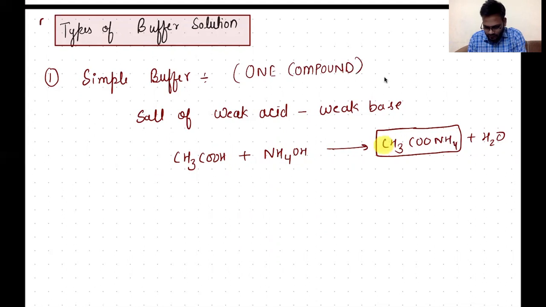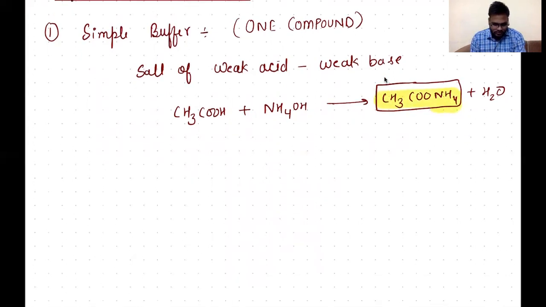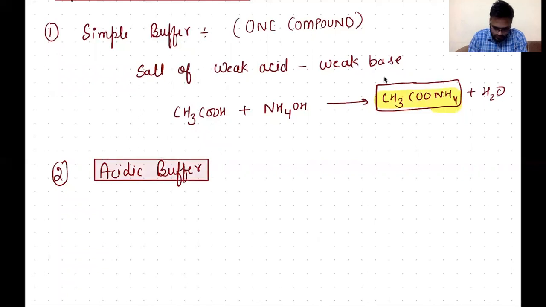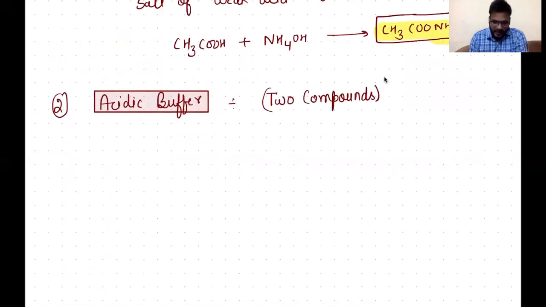Another type of buffer is acidic buffer. It will contain two compounds. Acidic buffer is any solution which is having weak acid along with salt of that weak acid with strong base.